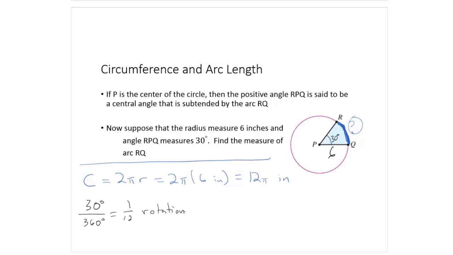So the measure of the arc RQ should be 1/12 of the circumference, or 1/12 of 12 pi, or more simply, pi inches.